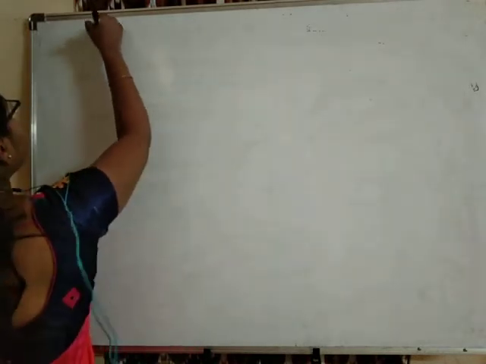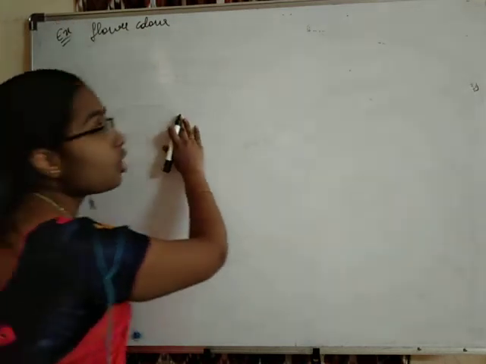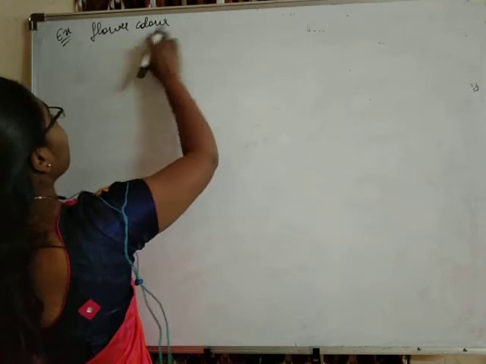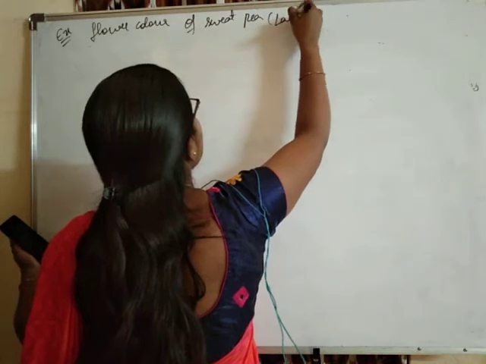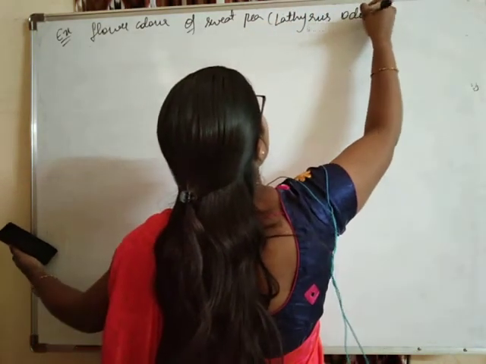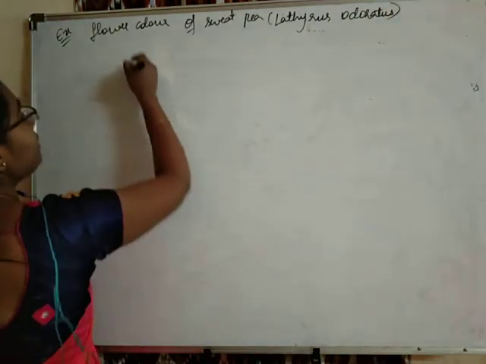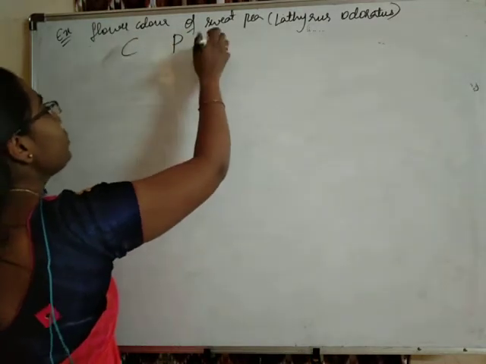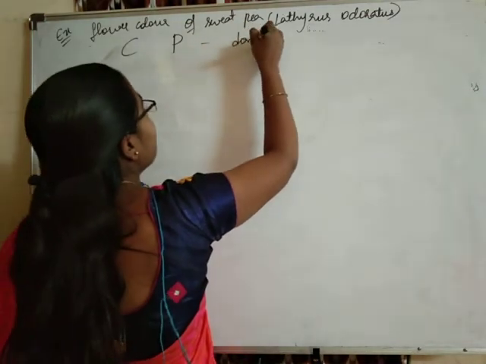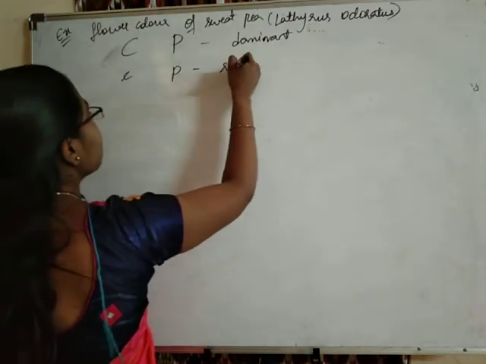So, students, we are taking the flower color as an example for complementary gene interaction. Here the flower color of sweet pea plant we are taking, that is Lathyrus odoratus. So, there are two genes, capital C and capital P. These are the dominant genes, and small c and small p are the recessive genes.